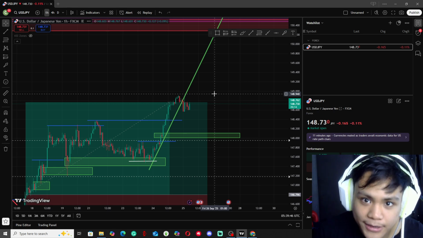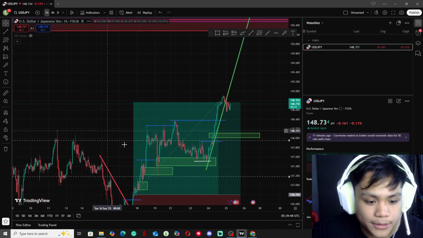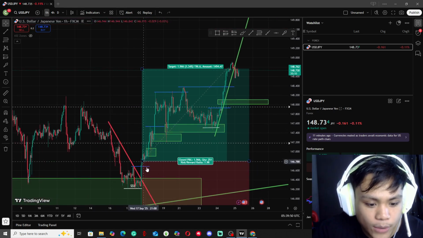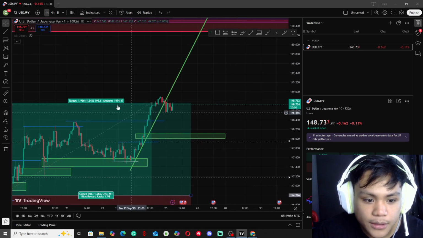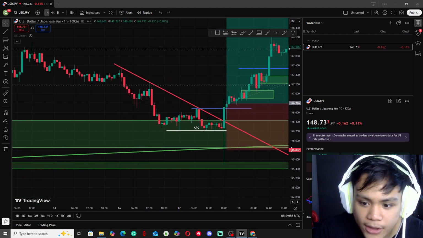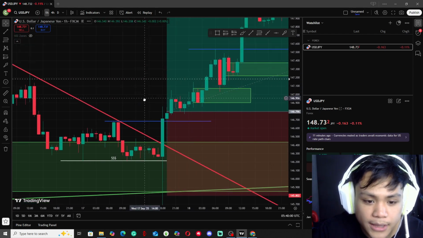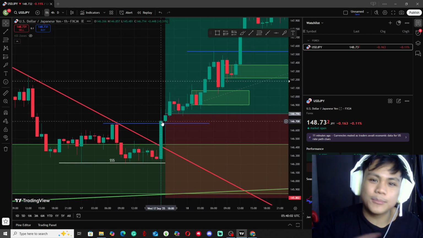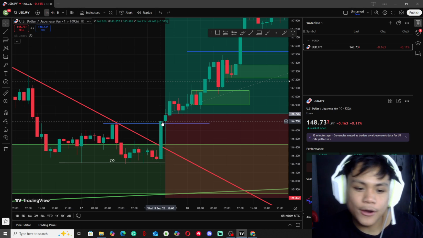I don't want to be too greedy because this trade is like 1 week already. I took this trade around Wednesday. By the way, if you see this right here, I could have taken a buy earlier, but at that time it was morning. New York session.